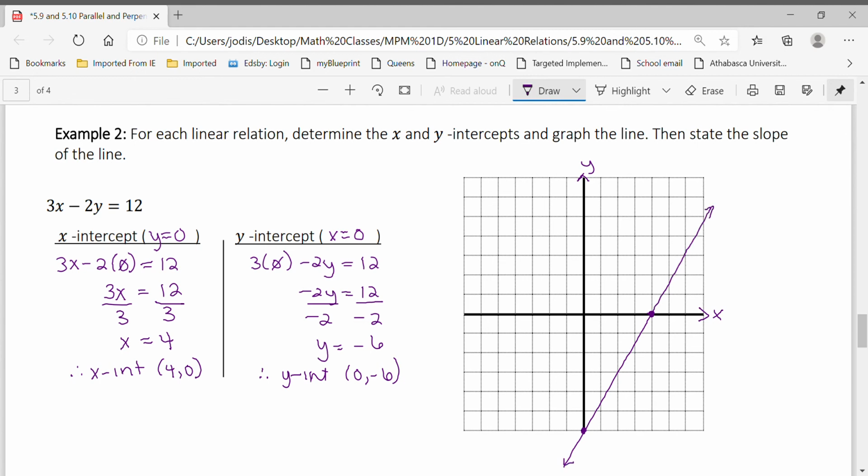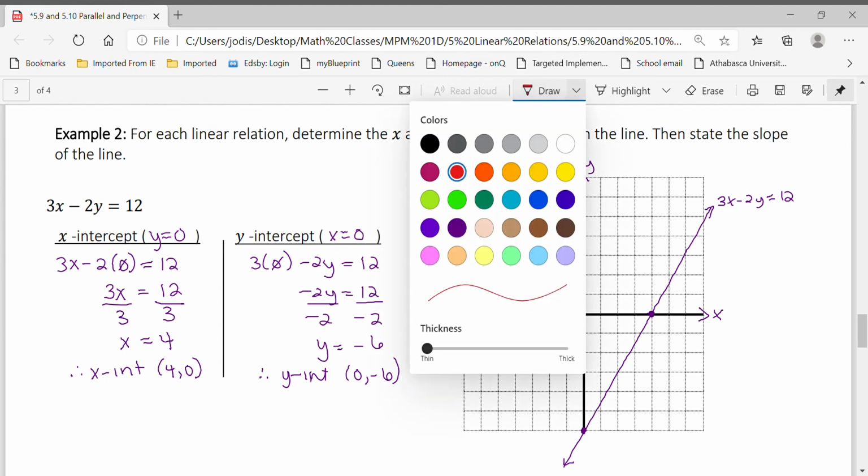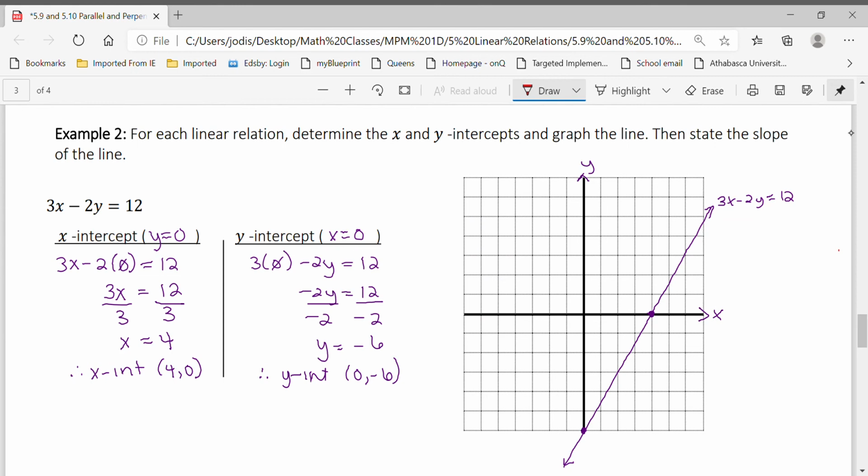Okay, so now I have my line, 3x minus 2y equals 12, and they want me to also find the slope. You can do this one of 2 ways. You can use your graph and do the rise and the run, so we can try that. We can just use our intercepts.